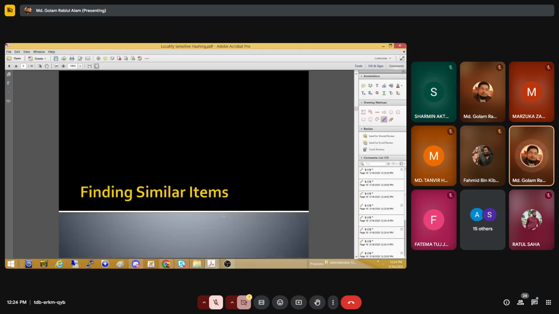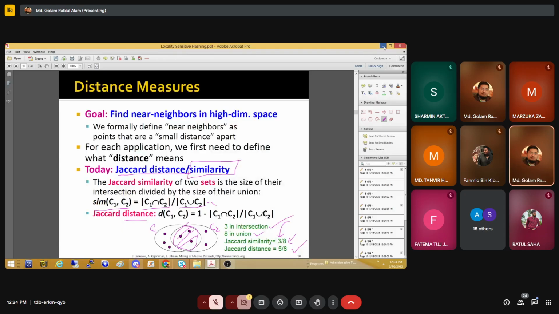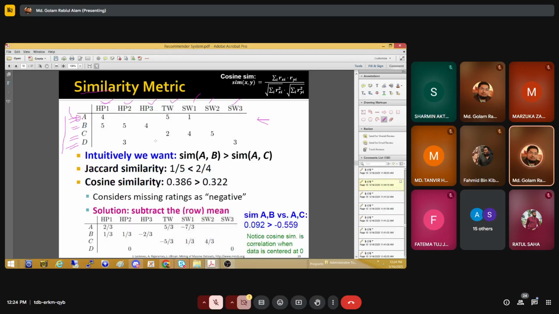So we can find out the Jaccard similarity. Maybe you can see here. Let's think about how to compute the Jaccard similarity. We want to find out whether the similarity between AB is greater than the similarity between AC or not. For the similarity between AB using the Jaccard similarity, we look at AB, so these two instances.